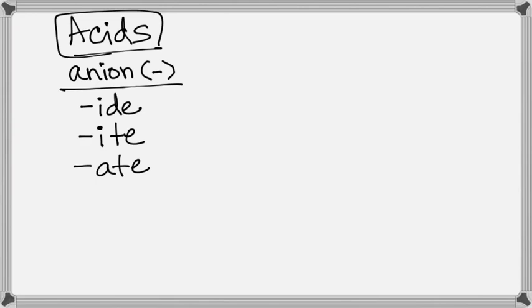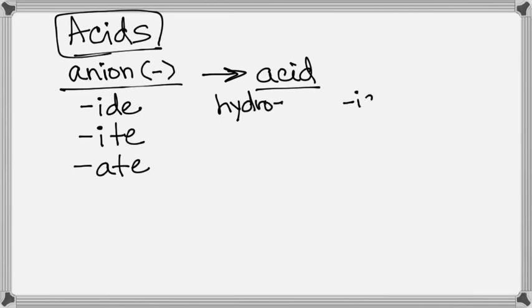So if you have those anions, what do you do with those when you come up with the acid name? Well, if your monatomic anion ends in "-ide", then the acid starts with the prefix hydro and ends with "-ic". Some examples: hydrofluoric, hydrochloric, hydrobromic acids, all of those follow that convention.